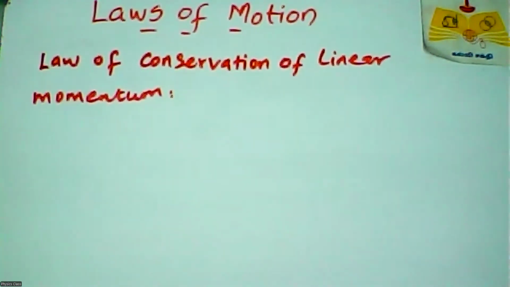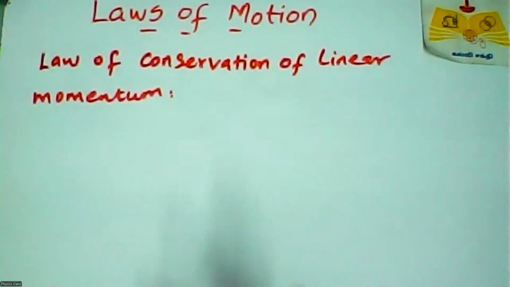There are three conservation laws in mechanics: conservation of total energy, conservation of total linear momentum, and conservation of angular momentum. These are the three conservation laws in mechanics.